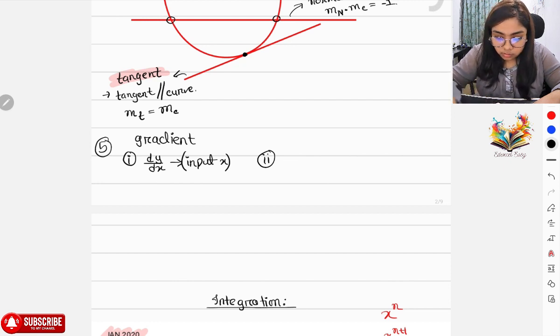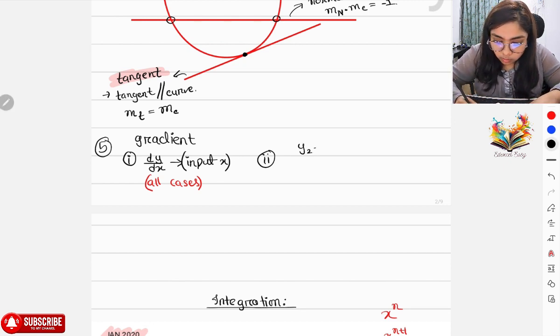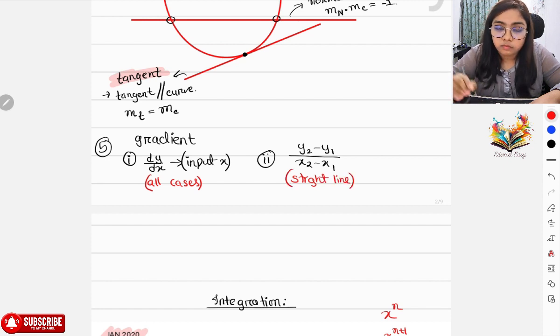The differentiation method can be used for straight lines and for curves, quadratic, cubic, fraction graphs, any kind of graph. The other equation is y2 minus y1 divided by x2 minus x1, and that is only for straight lines. If there is a straight line, only then can you use this formula.